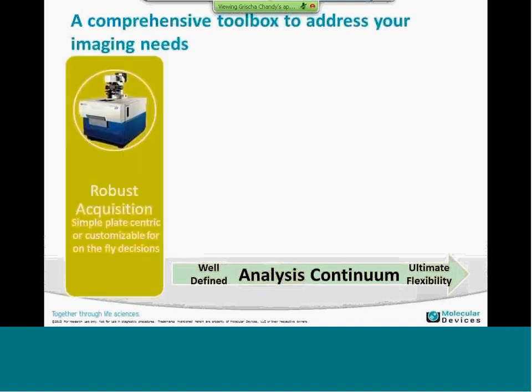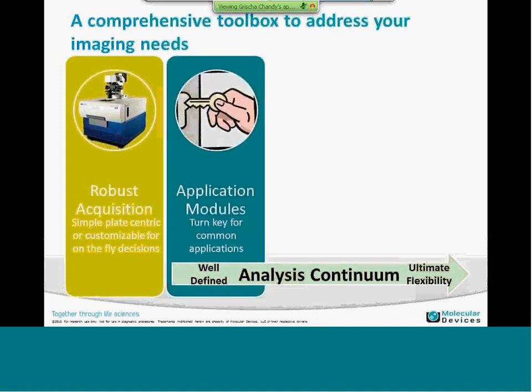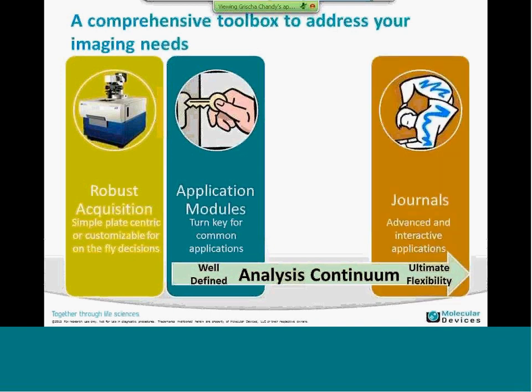So there's an analysis continuum, and that continuum starts with robust acquisition, with simple plate-centric or customizable on-the-fly decision-making tools, which we have. For applications, we have application modules which are turnkey for common applications. For flexibility, we have journals, macros that allow for advanced and interactive applications.